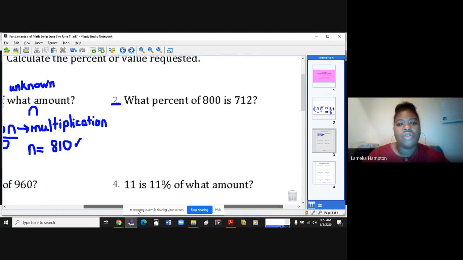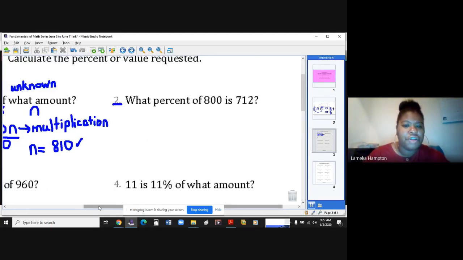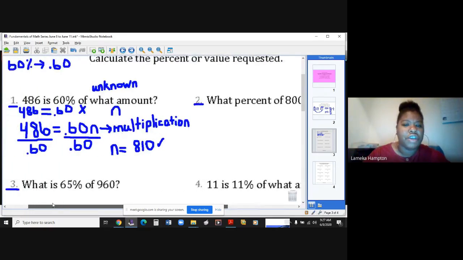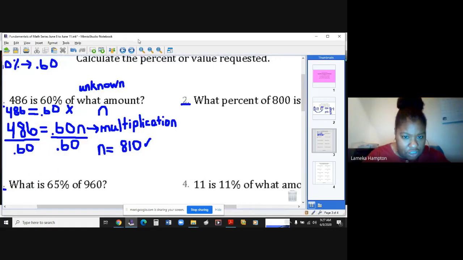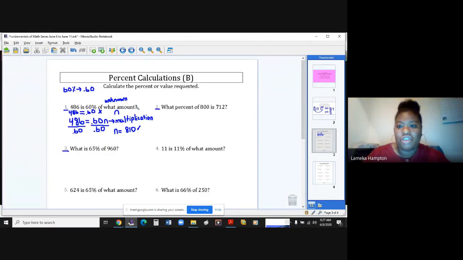Now I'm going to scroll over to number 2, okay? Now, number 2 is written differently than number 1. With number 1, we had our answer with an equal sign, a percent, and we had to multiply that by an unknown.